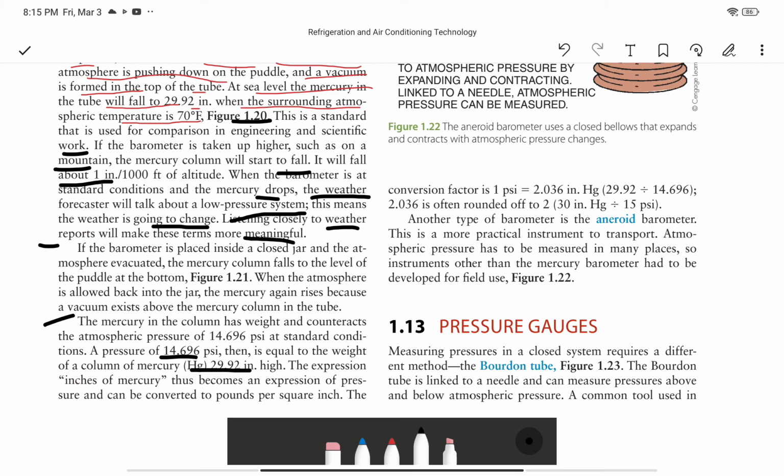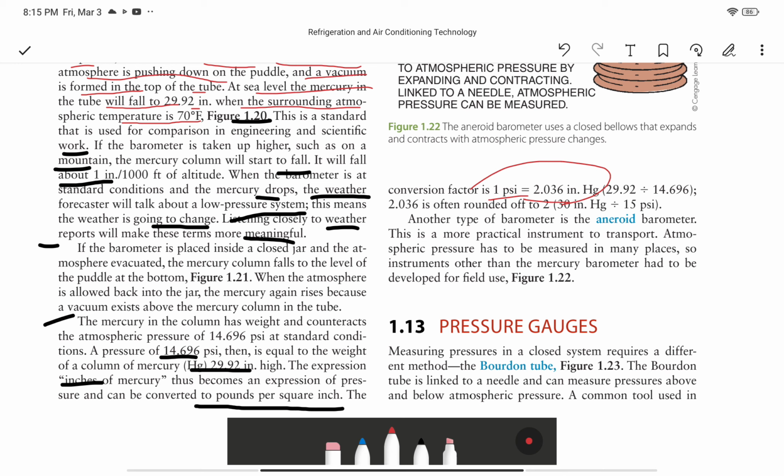The expression inches of mercury has become an expression of pressure and can be converted to pounds per square inch. Guys, this is a very important conversion, so take note of this. 1 psi is equal to 2.02 inches of mercury. So remember this. We need the conversion here.